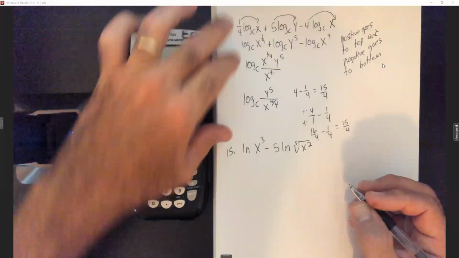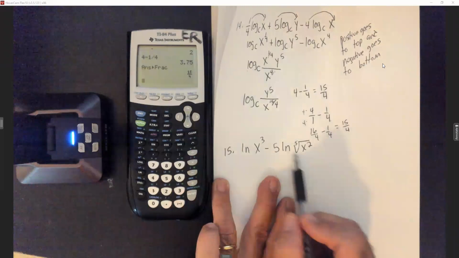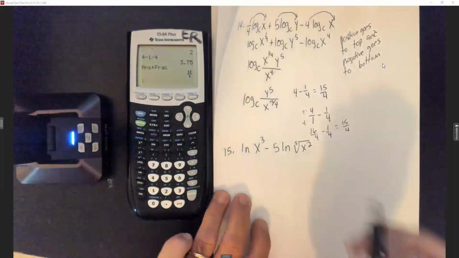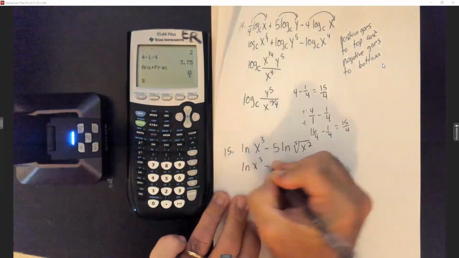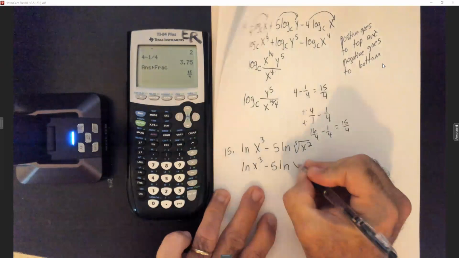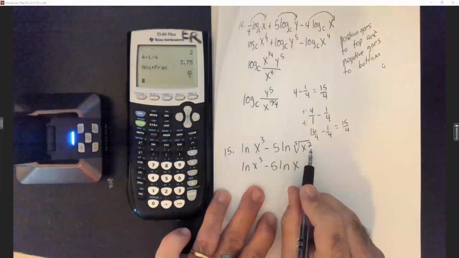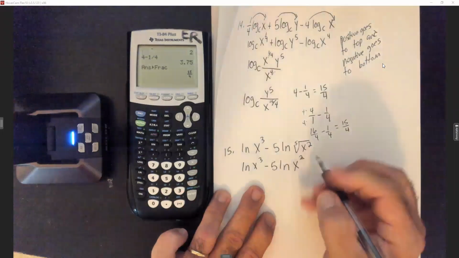So first thing I would do is probably rewrite this one out of the radical, okay? So I'm going to bring down this ln x to the 3rd minus 5 ln. This one would give me x, and the exponent would be 2 divided by the radical, which is a 5.